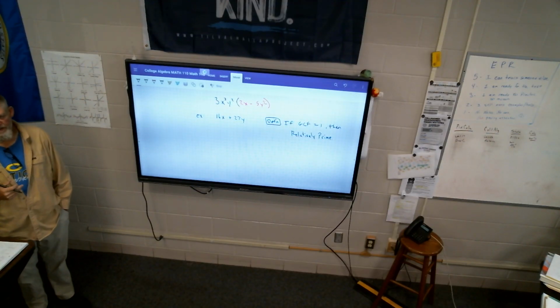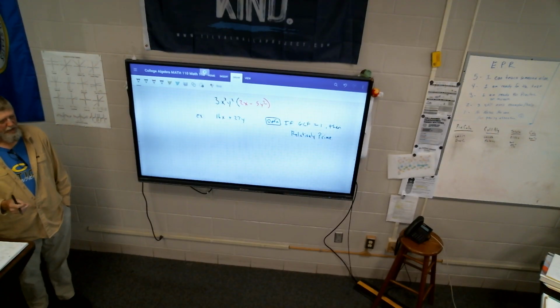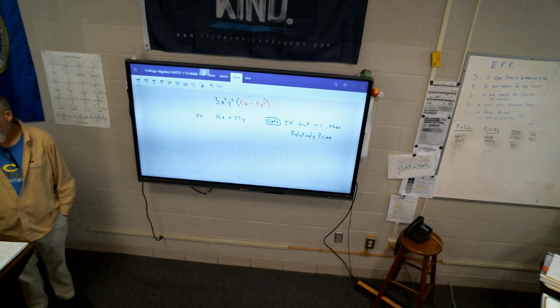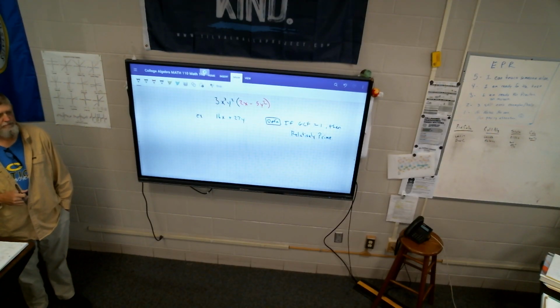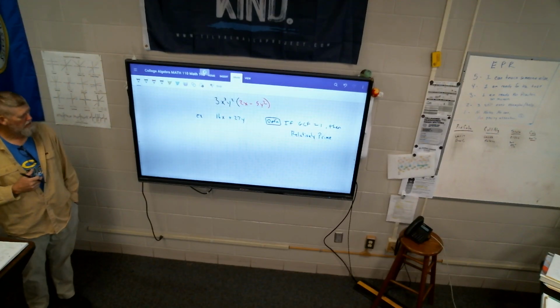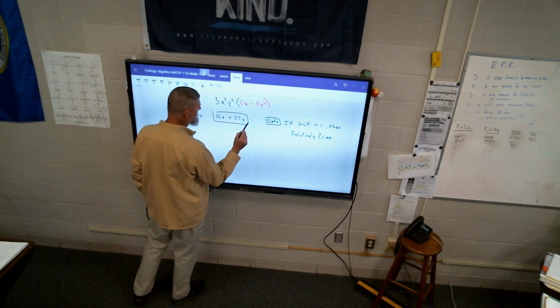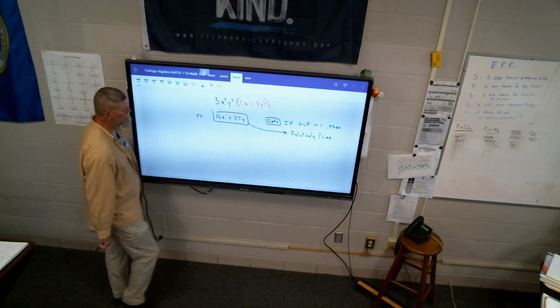There's nothing you can factor out or simplify as far as you go. By the way, when we are looking at factoring, that's what we want to get it down to, where every factor is relatively prime. 5 and 2 are relatively prime. They don't break down at all. The greatest common factor is 1. So that's an example of relatively prime.